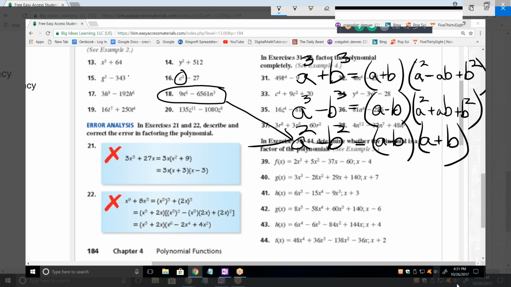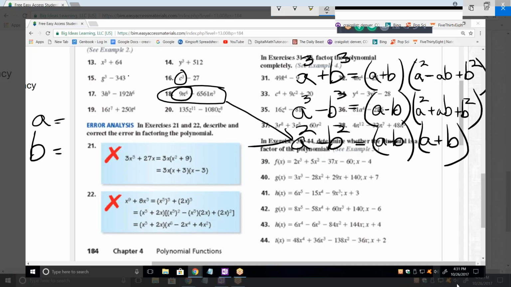With me? Okay. What's A? The way you get it is to take the square root of that term every time. Once you've decided that it's difference of perfect squares, the way to get A is to take the square root of that term and the square root of the other term.